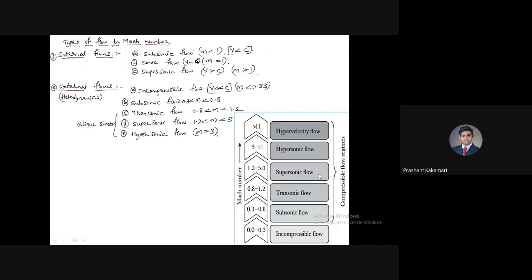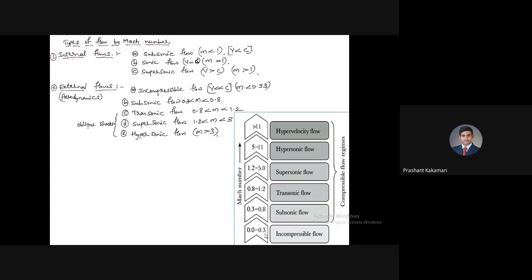Apart from this, you can see here, if the flow of the fluid is external, then the Mach number, if the Mach number is below 0.3, or the velocity of the body is very less, in that condition the fluid like air behaves like an incompressible fluid.